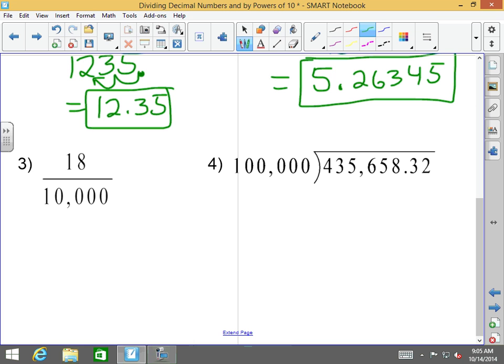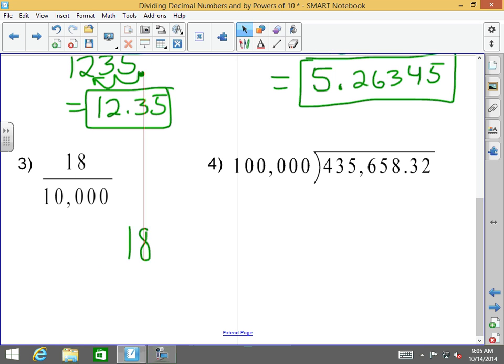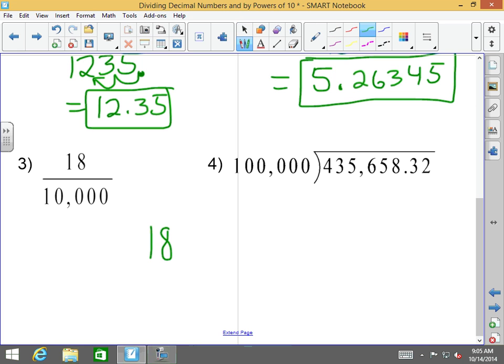Next, I have an 18 here, so I'm going to write the 18. Where's the decimal of this 18, gentlemen? Right here at the end of the number. Very good. How many zeros do I have here being divided, gentlemen? 4. So how many places am I going to move the decimal to the left? 4. So I'm going to go 1, 2, 3, and 4.